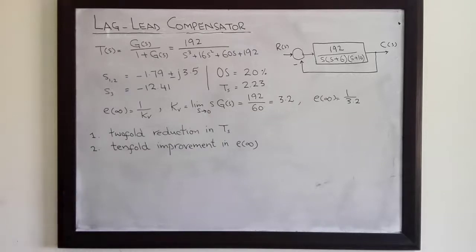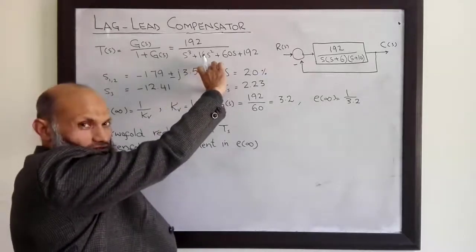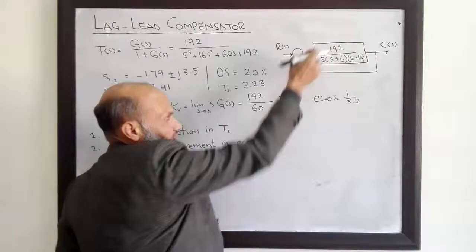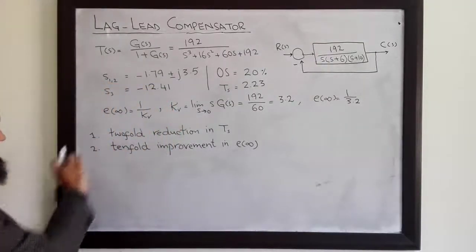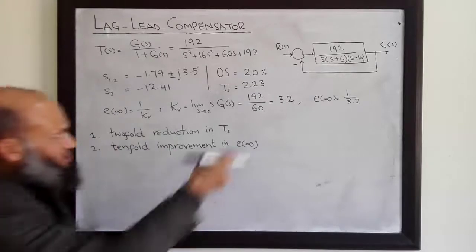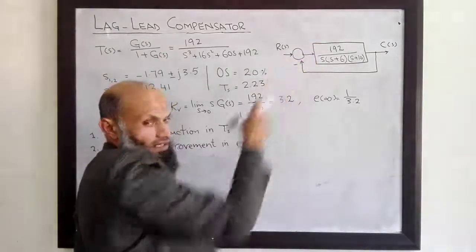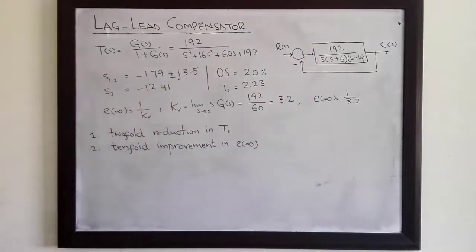So the design procedure is just the same as we have already discussed. To achieve the transient requirements, we cascade a lead compensator, and to improve the steady state characteristics, we cascade a lag compensator. So we discuss the design of both of these compensators over here.